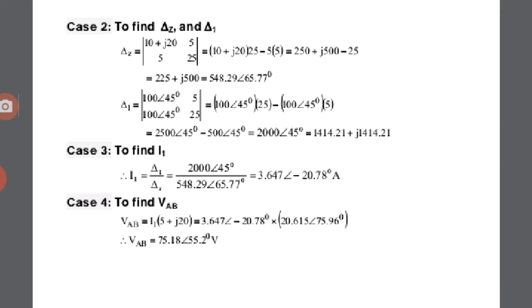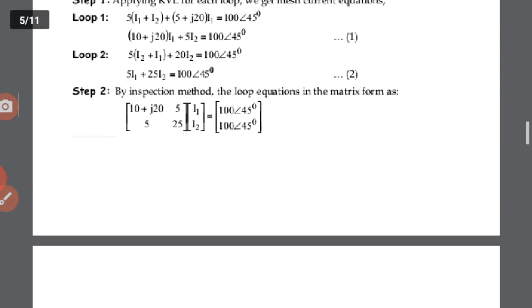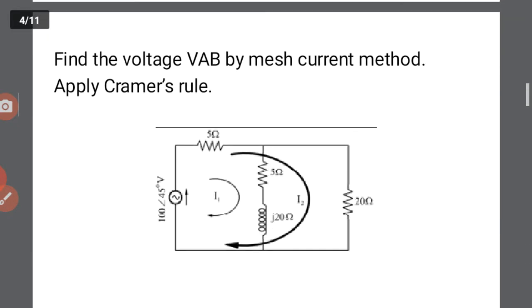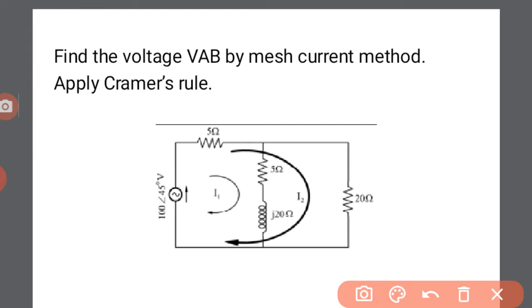In this way we can determine the voltage drop across any element or any branch. Suppose you want to find the voltage drop across the 5 ohm resistor, here also we have to find the current I1.